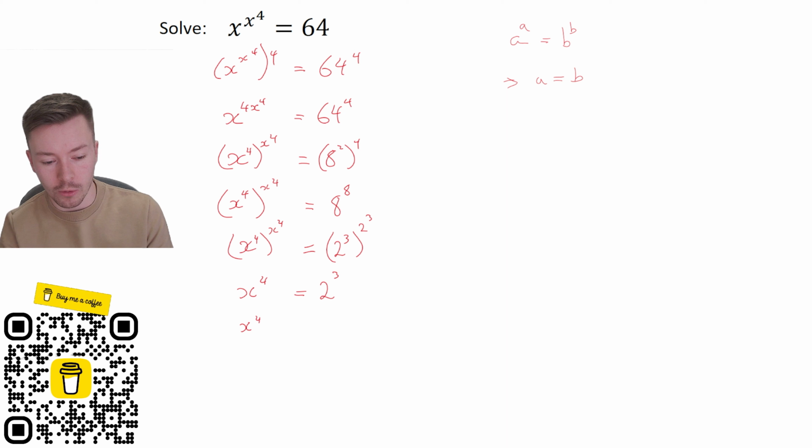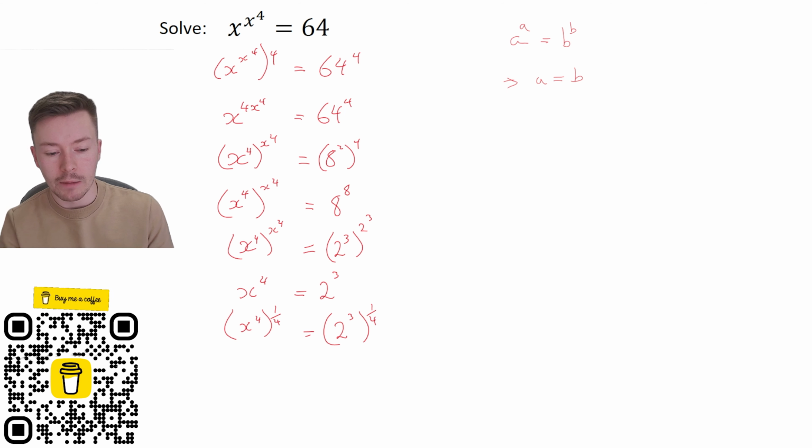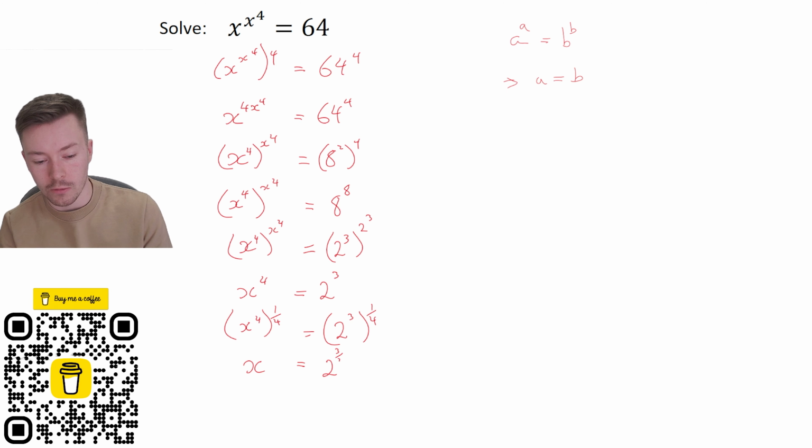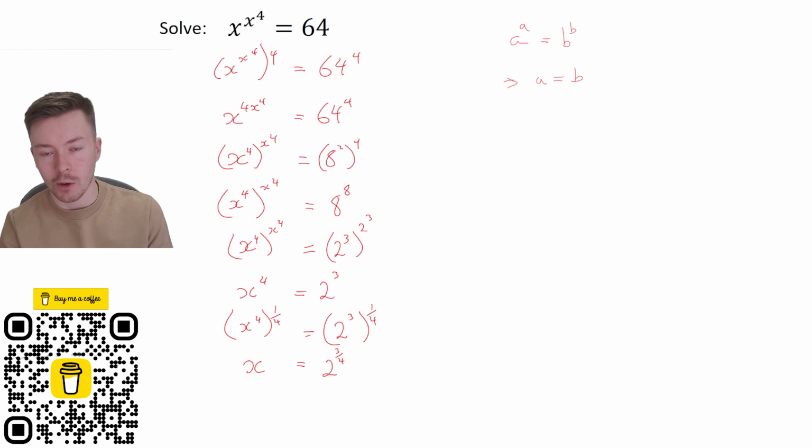So x to the power of 4 to the power of a quarter is equal to 2 cubed to the power of a quarter. And so what that will give me is x is equal to 2 to the 3 over 4, because again you multiply your powers inside and outside of your brackets. But doing that, I will have potentially missed off one of the solutions.